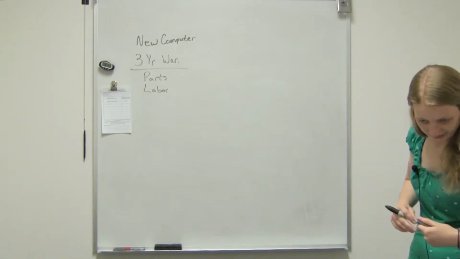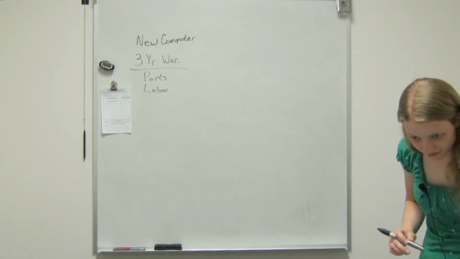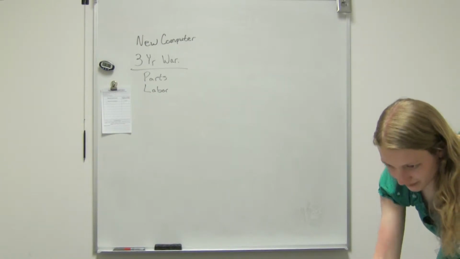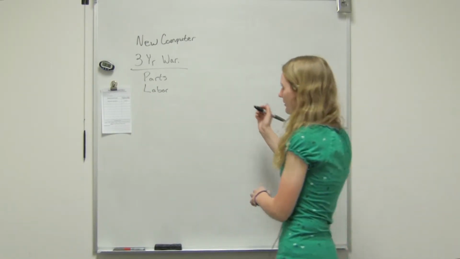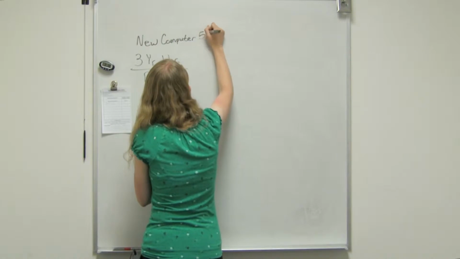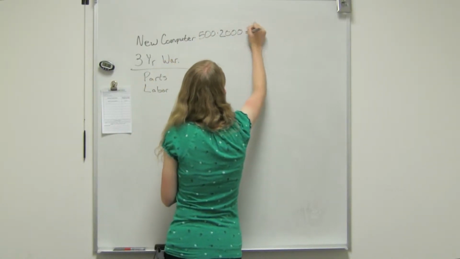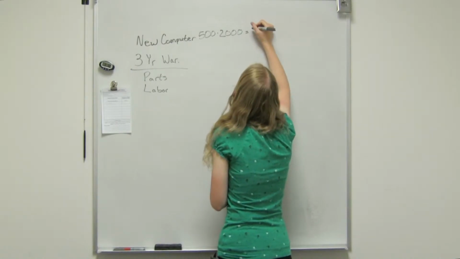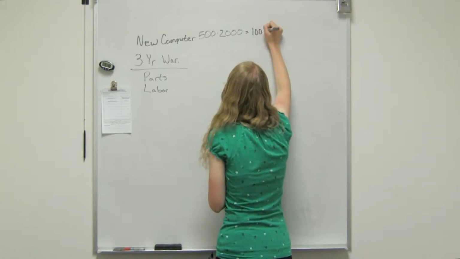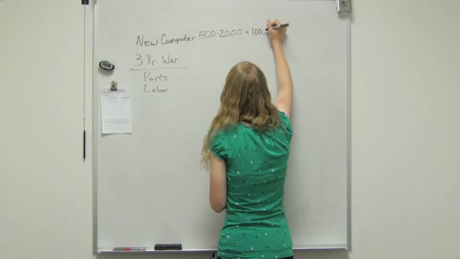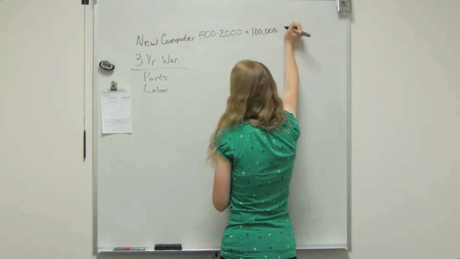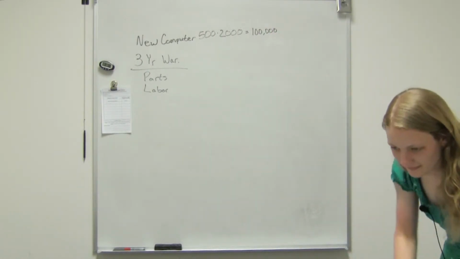So we had how many computers sold? About 500. And they're $2,000 each. So 500 times 2,000. And that's, oh wow, 100,000. That's right.